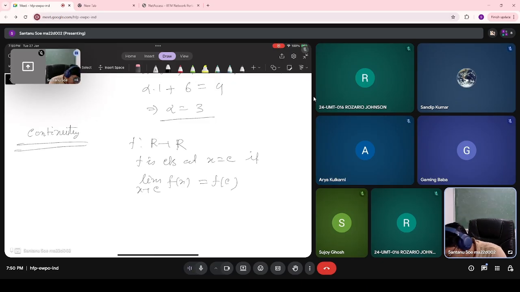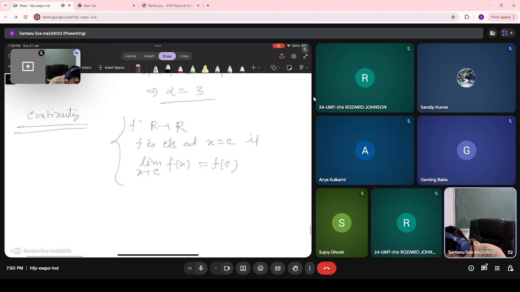Now this is almost the same as the definition of the limit of a function, where the limit is nothing but f of c. The definition of limit was: limit x tends to c, f of x equals L. If this L exists and is finite, then we can say that the limit of the function at the point c exists.